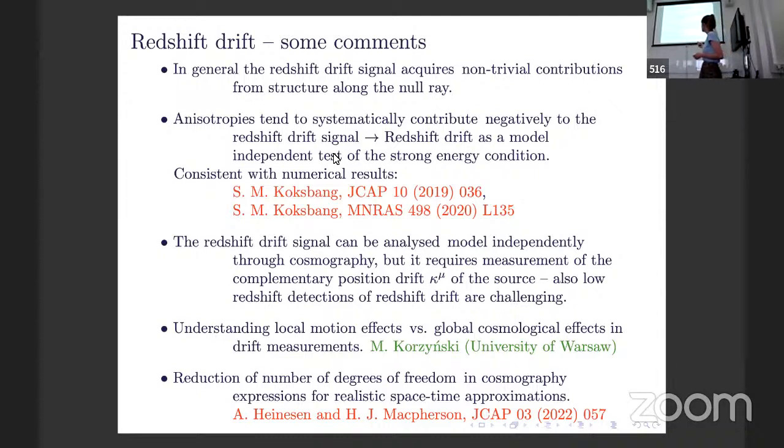And this is in fact consistent with numerical results in the literature by, for instance, Sophie Koksbang, who has some nice papers on this, where it indeed seems to be hard to generate a positive redshift drift signal unless you have violation of the strong energy condition. And we actually have a paper together now. I think that Sophie put it on arXiv, where we are analyzing LTB models, which can then also be used to say something about Swiss cheese models.